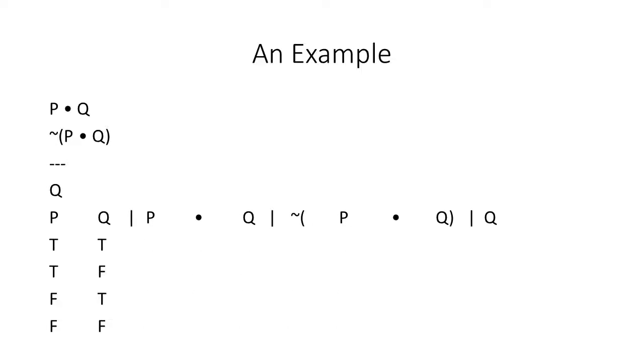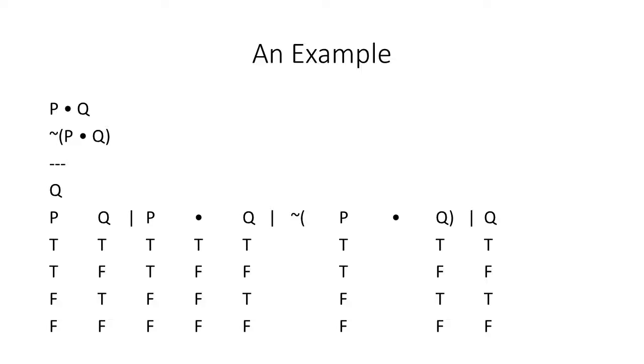Okay, so let's get down to business. This is what you should have come up with. This is what your truth table should look like. You go through and fill in the truth values under the simple statements. That should give you this. And now what are we going to do? We're going to solve for the individual premises and conclusion.